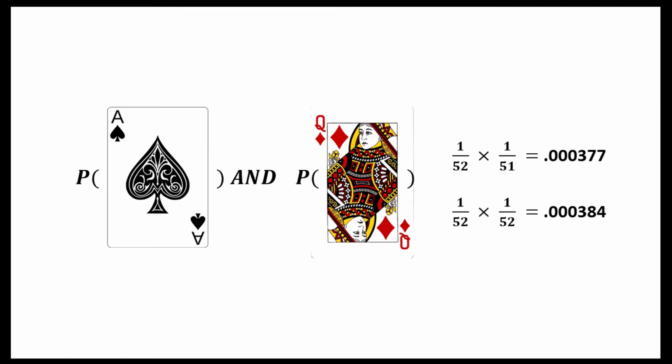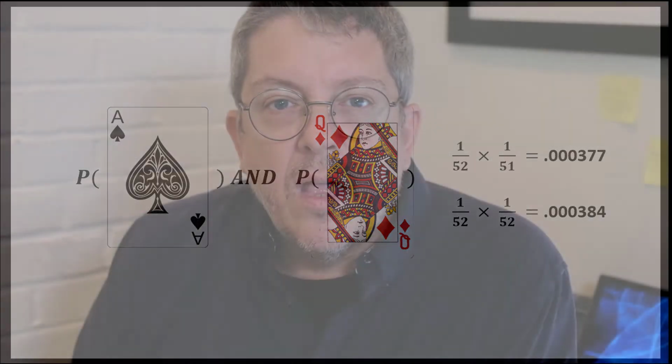You'll notice that the 2 probabilities differ by only 1/100,000th. For small samples drawn from relatively large populations, whether you replace or you don't replace doesn't make much of a practical difference.